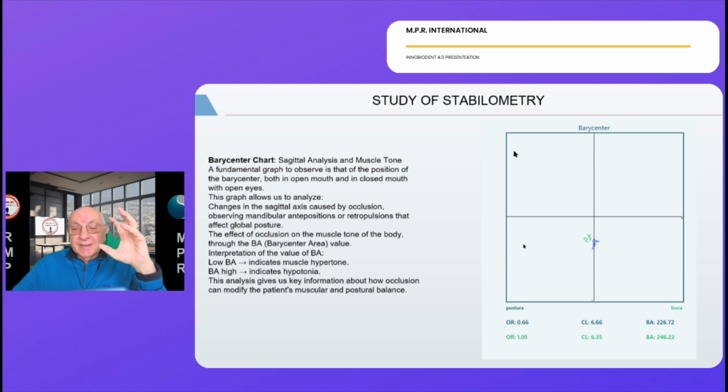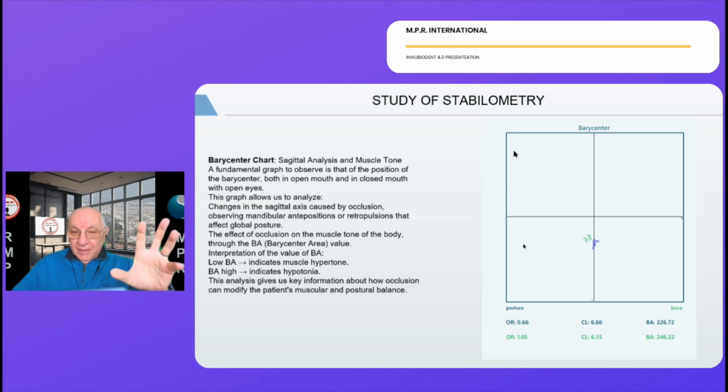BA is the area of the barycenter, and this shows us in our measurement the muscle tone of the whole body, not just the local muscle tone of the craniofacial system. How is the muscle tone of the whole body?